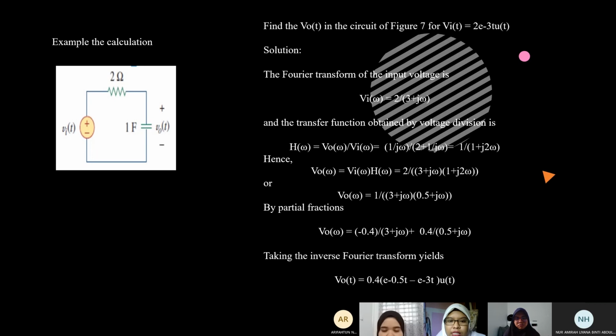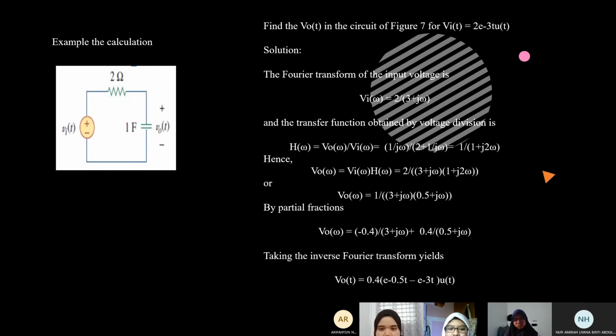The solution: the Fourier transform of the input voltage is V_i(omega) equals 2 divided by 3 plus j omega, and the transfer function obtained by voltage division is H(omega) equals V_o(omega) divided by V_i(omega) equals 1 divided by j omega over 2 plus 1 divided by j omega, which equals 1 divided by 1 plus j2 omega.